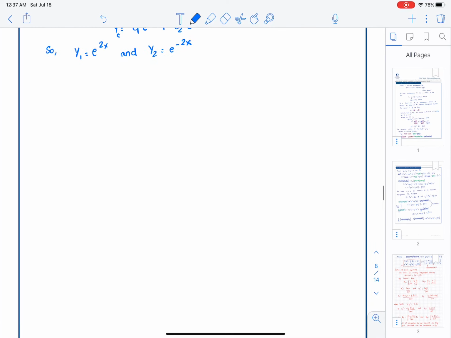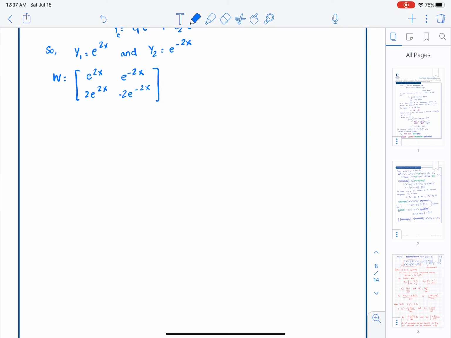So first we start with the Wronskian, e raised 2x, 2 e raised 2x, e raised minus 2x, minus 2 e raised minus 2x.